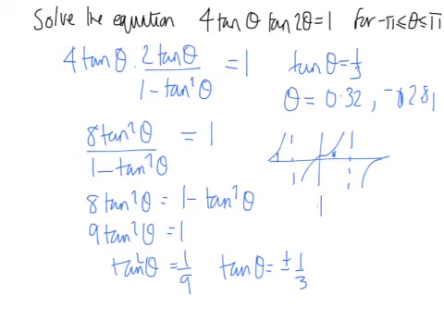Okay, if I look at tan theta is minus a third, then I'm going to have theta is minus 0.32, or the other solution over here is going to be 2.81. Okay, done. Those are the solutions, 1, 2, 3, 4 of them.